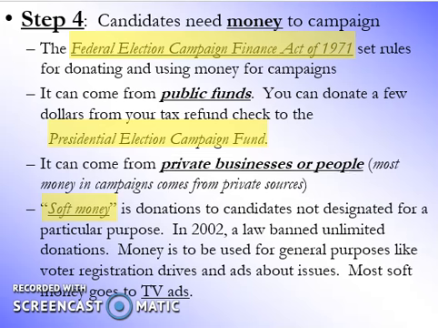But let's take a look first of all at one of the first laws that actually restricted campaign finance, and that's in 1971. So I want you to think about why that would be necessary. Why would you need a law to restrict the money that you spend on campaigns and elections?